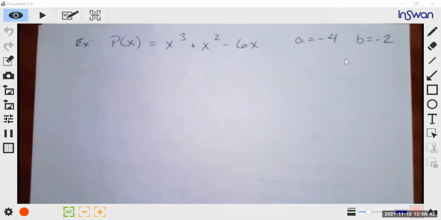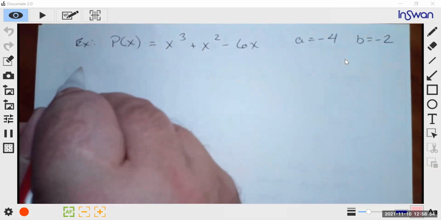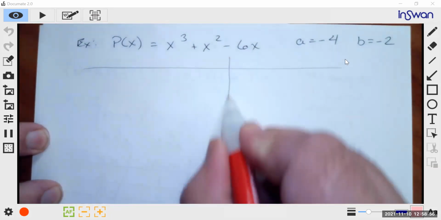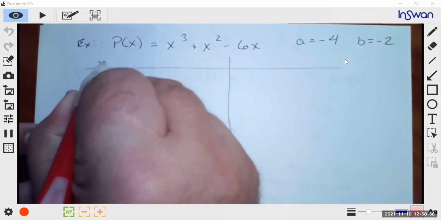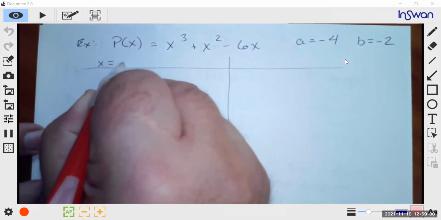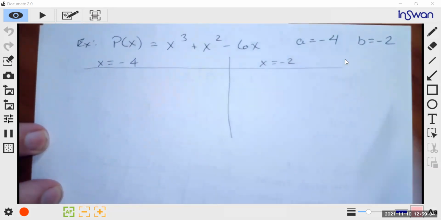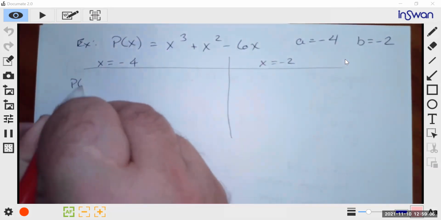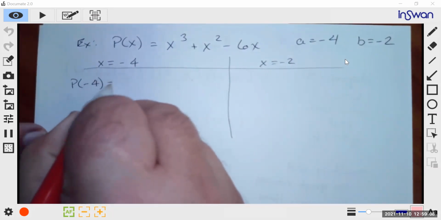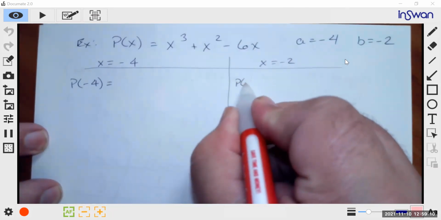Is there a solution between -4 and -2? So we'd simply say x is -4 and then x is -2. Plug those into the function.